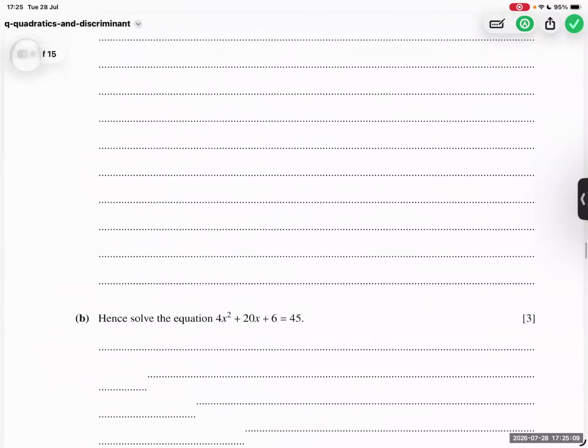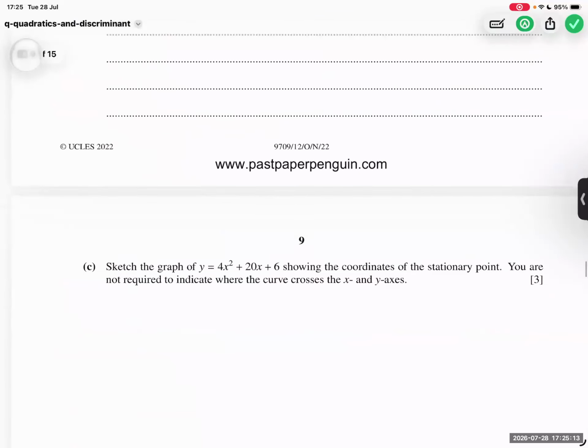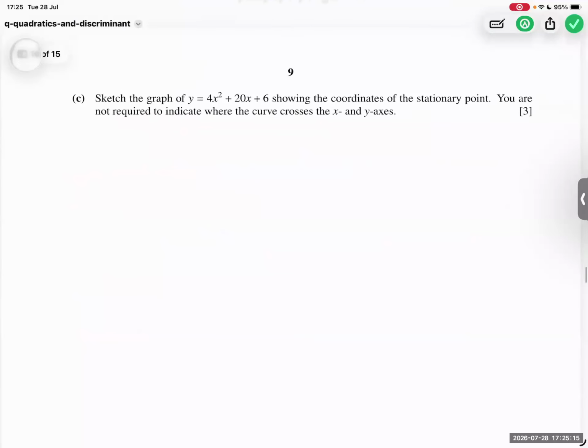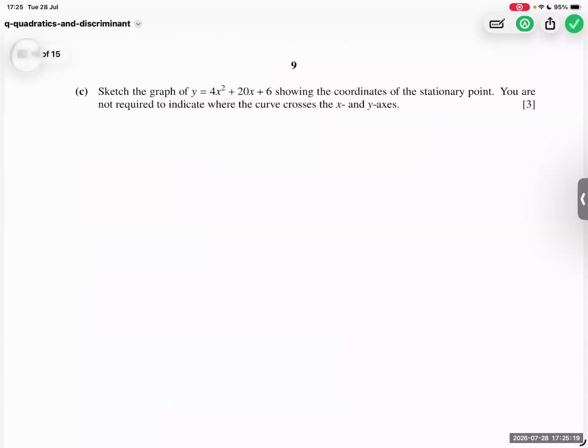And then again, we can express it in this format, hence solve this equation. Showing the coordinates of the stationary point, you're not required to indicate the curve. When we talk about stationary points, in future we'll be doing differentiation.